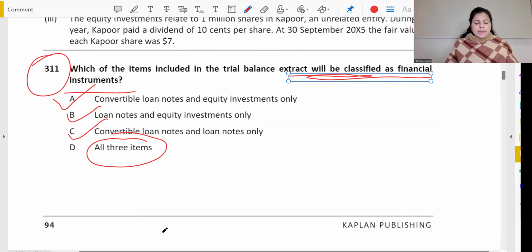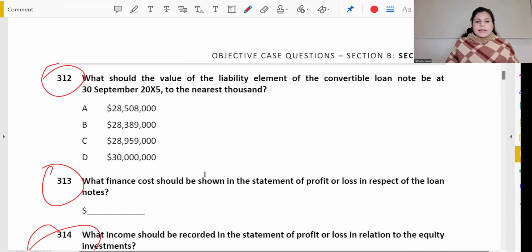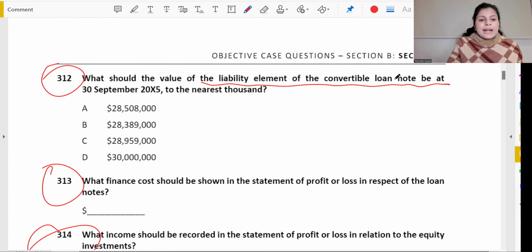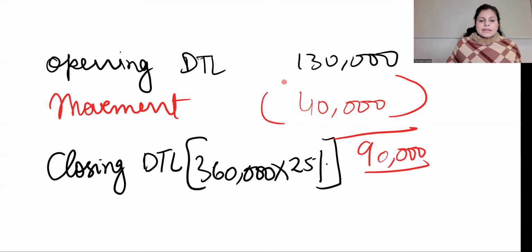Correct? Next, they're asking what should be the value of the liability element of convertible loan note at 30 September to the nearest thousand. So let's quickly revise convertible loan note under IFRS 9. How do we do its accounting?